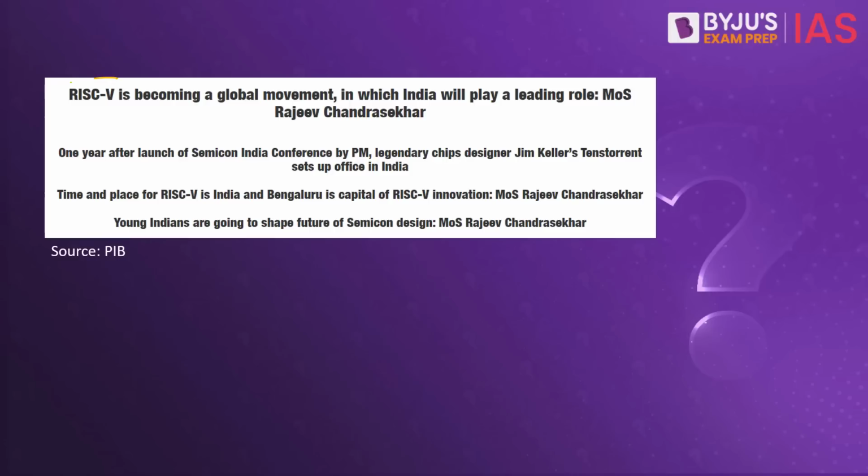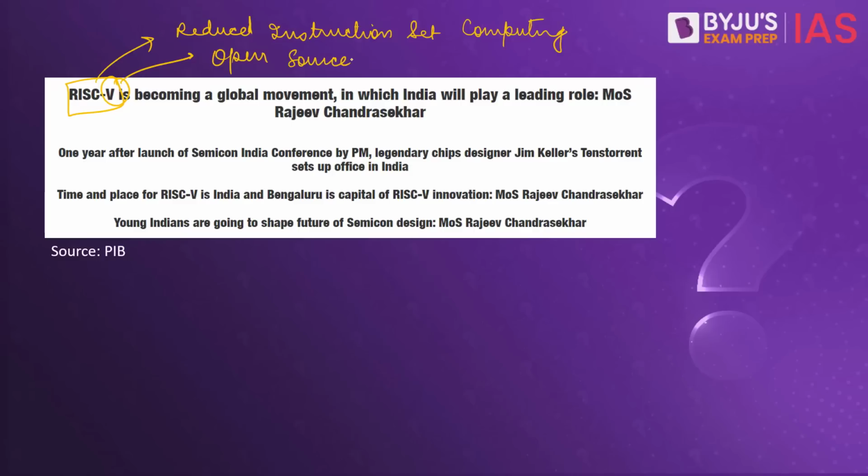Now the RISC 5, that is Reduced Instruction Set Computing, its fifth version, is an open source set of codes that do not require fees to use. This is a type of computer architecture that focuses on simplicity and efficiency by using a smaller set of instructions that are easier and faster to execute.